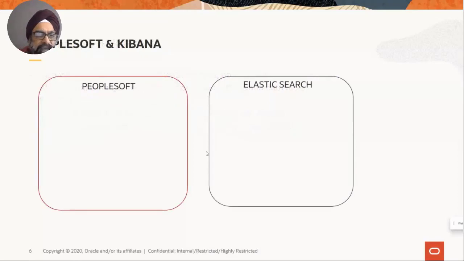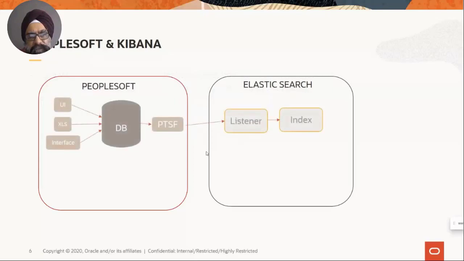So here is a very simplistic view of how PeopleSoft, Kibana and Elasticsearch work together. So the first thing that happens is, as the data is entered into PeopleSoft, either through a user interface or you're doing an Excel import, or it's coming from a third-party interface, right?